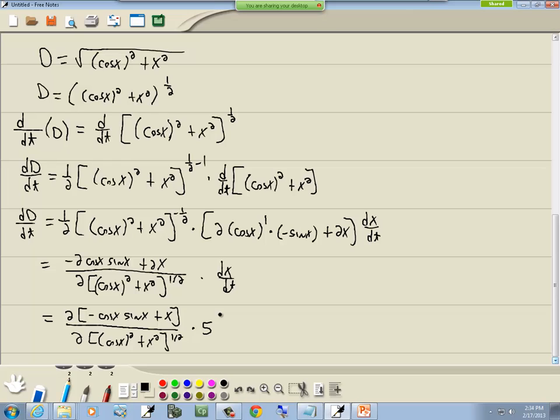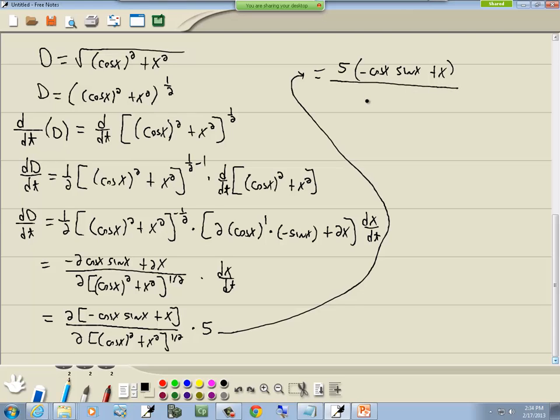Well, those 2's are going to cancel, and we'll have a 5 up on top. So we'll have 5 times negative cosine x sine x plus x over, actually I'll put that back in square root form now, because the 1/2 power is the square root of cosine squared plus x squared. And that's our change of the distance with respect to time.